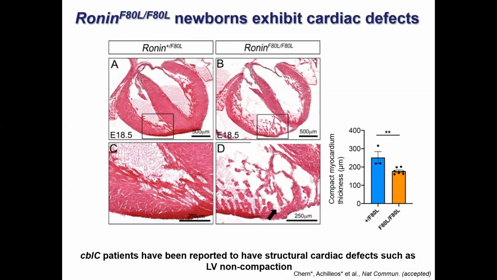We're able to show that in the heart there is a defect in the trabeculae that resembles a cardiac condition called left ventricular non-compaction, which affects the trabeculae and therefore the cardiac muscle of the heart. A lot of cobalamin patients have been reported to have structural cardiac defects such as this. So again, this tells us that this recapitulates the human disease.